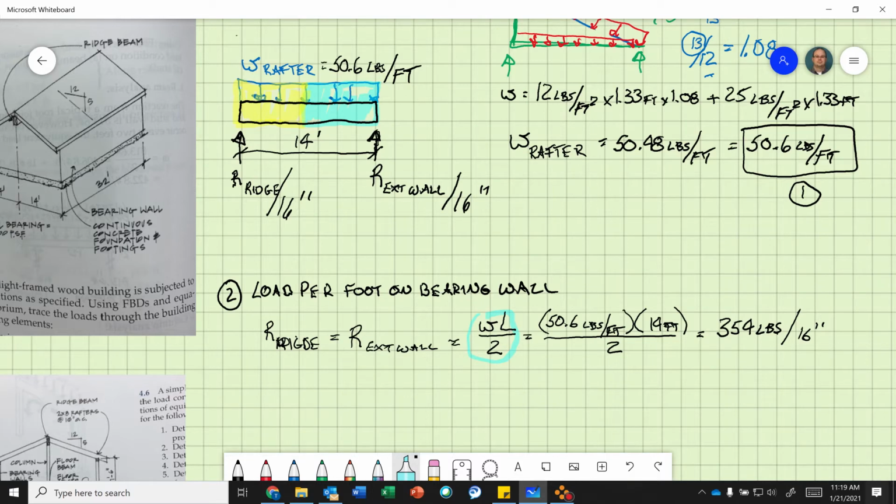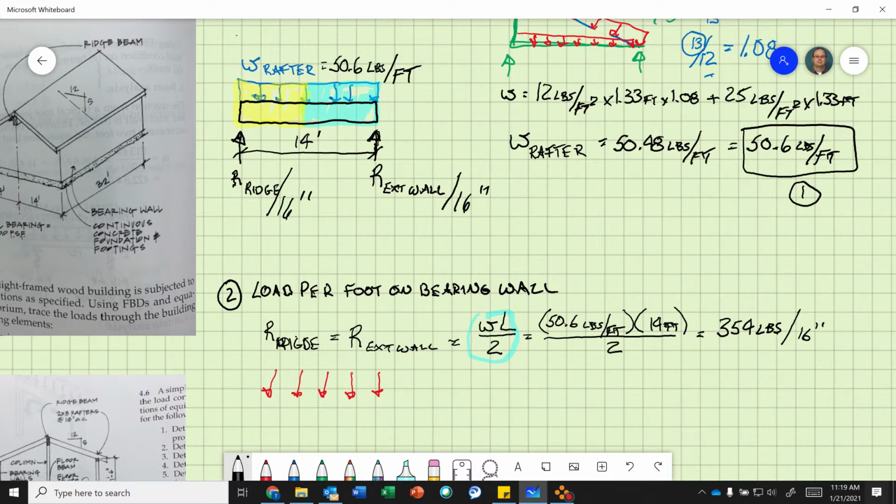Okay, however, we need to get that. So instead of looking at, if I'm looking at my wall, each of these force vectors is a rafter, and each of these equals 354 pounds.